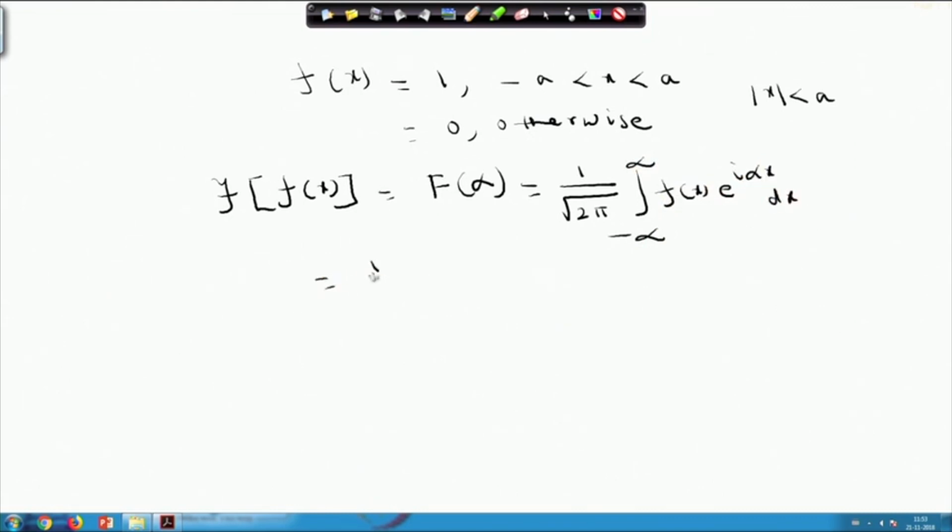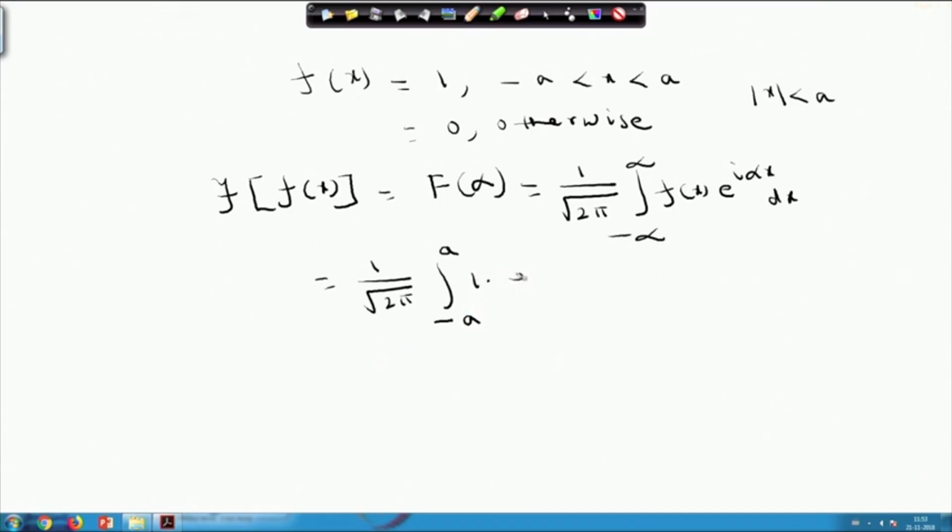This equals 1 by root 2 pi, the value of f(x) is 1 from the given function. So, this minus infinity to infinity reduces to minus a to a, because in all other intervals the value of the function f(x) is 0.